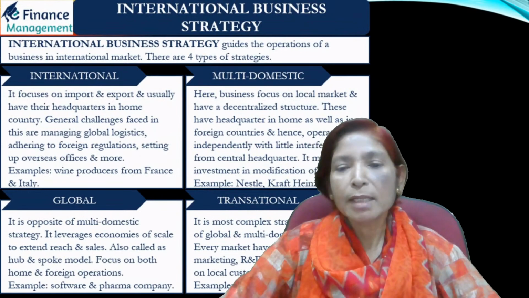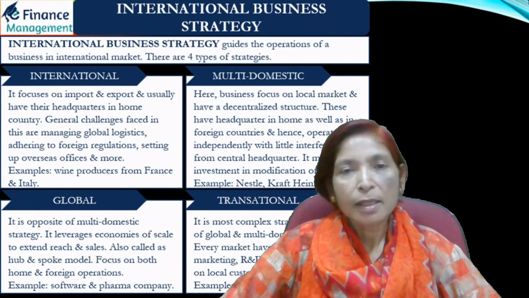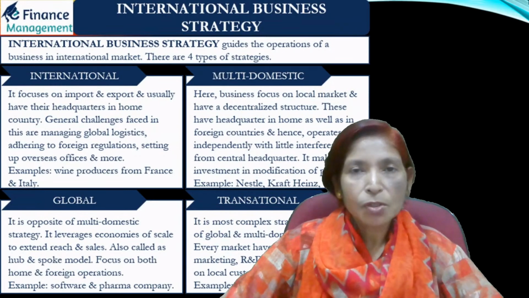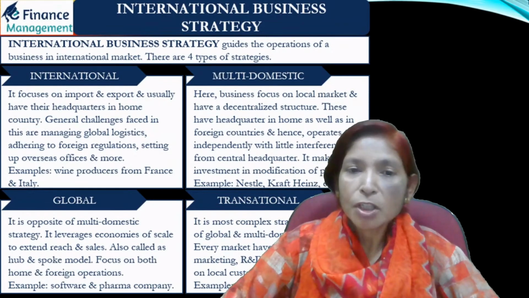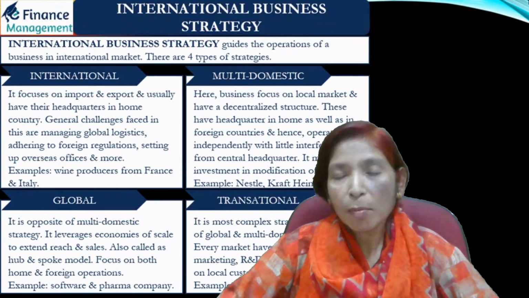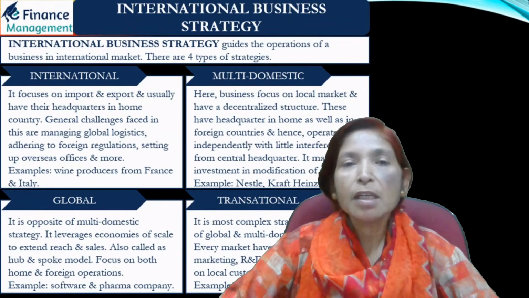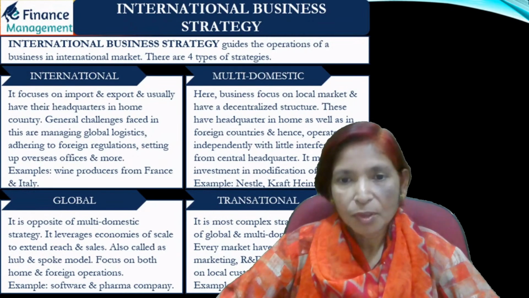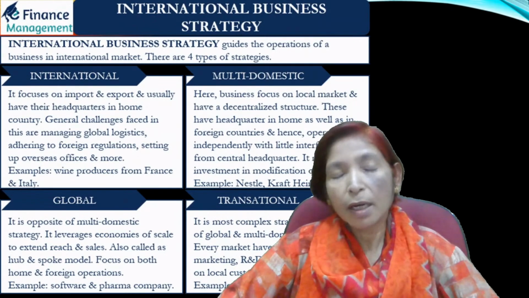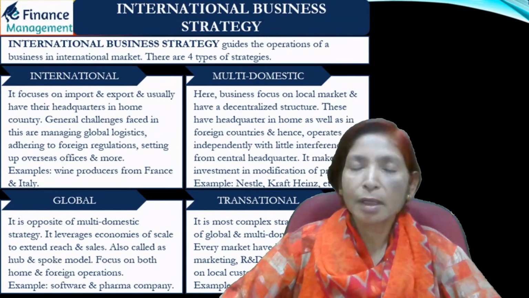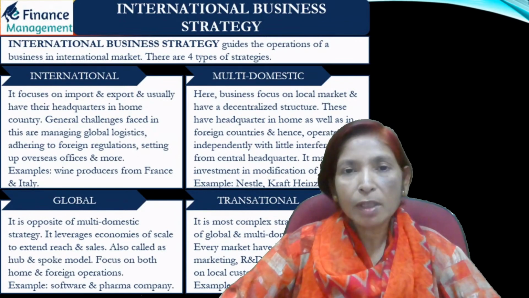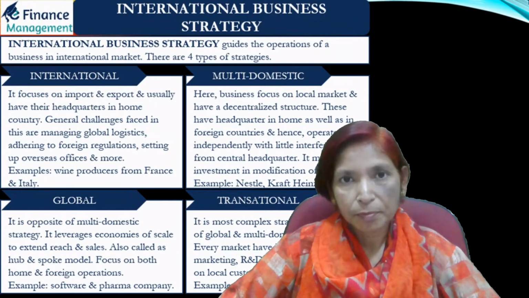For example, Nestle, Kraft Heinz, etc. So it is known as multi-domestic, in which business focuses on the local market and has a decentralized structure. Their headquarters exist in the home country as well as in foreign countries.